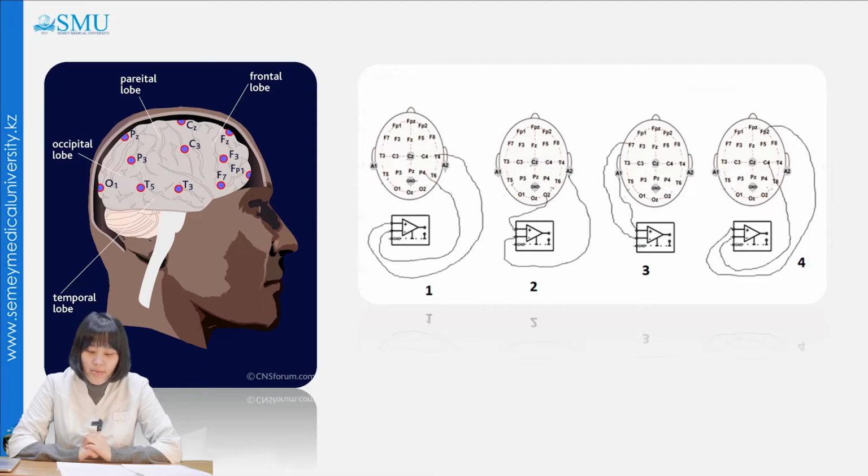The potential difference is measured between two separate electrodes, all electrodes are divided into pairs, and the signal is recorded from each pair. The second is monopolar, in the second picture. What does this mean? In monopolar electroencephalogram derivations, the potential difference is recorded between active electrodes and a common reference electrode.